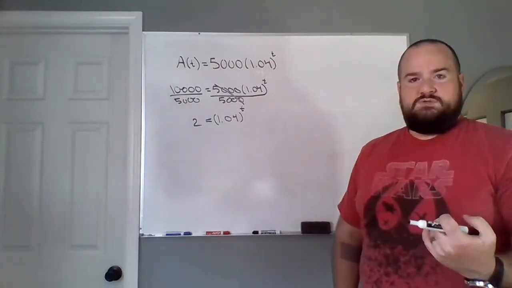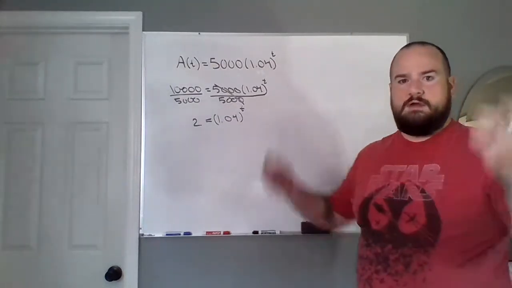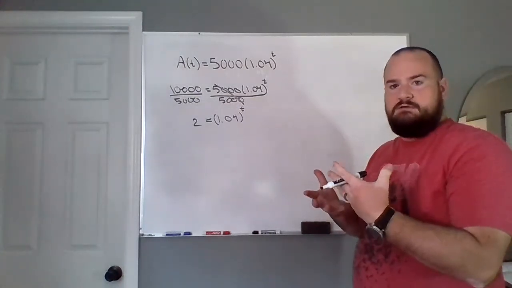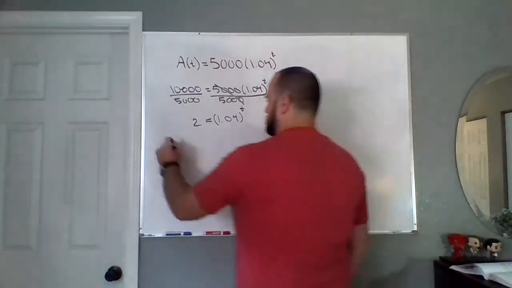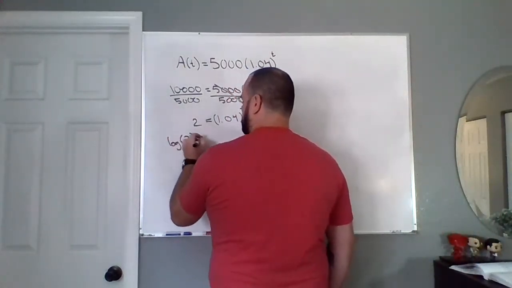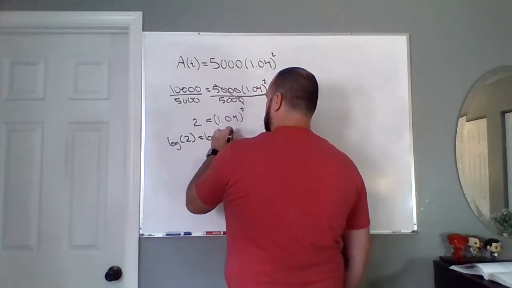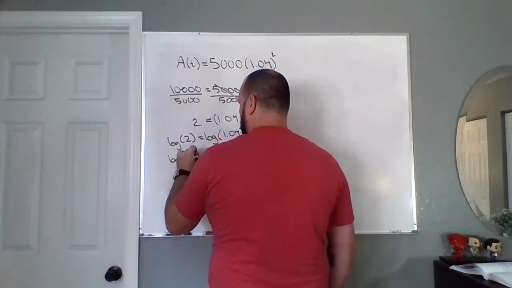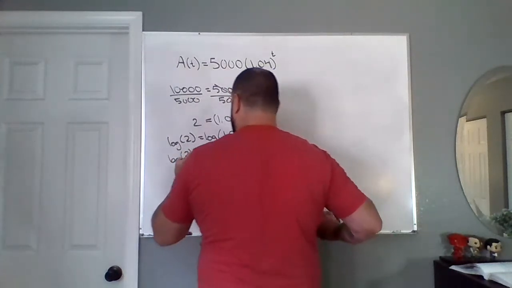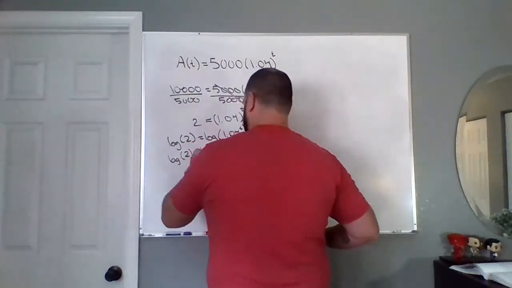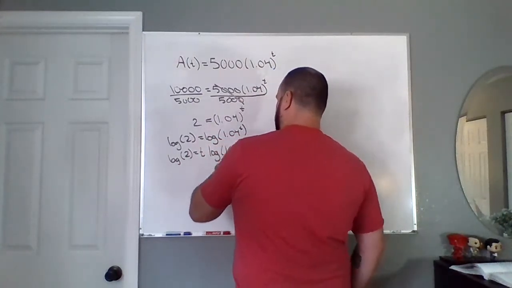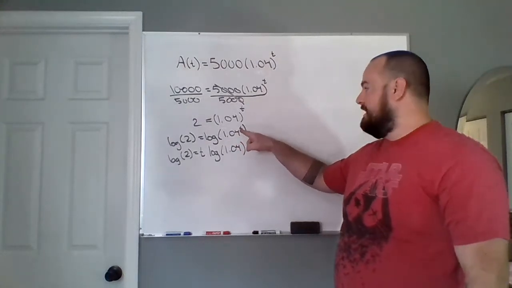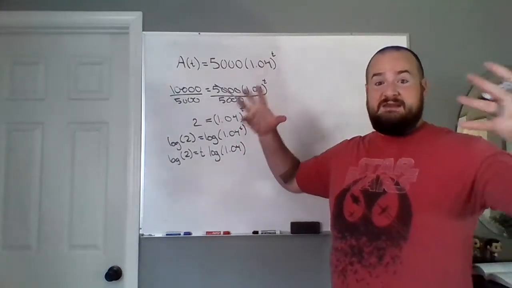And from here, now we just use what? Logs, right? I can use the log. I can take the log of both sides. So I get the log of 2 equals the log of 1.04 to the t, and since I have the log of something raised to a power, I can use the power rule to bring that power up front, and we're almost there.